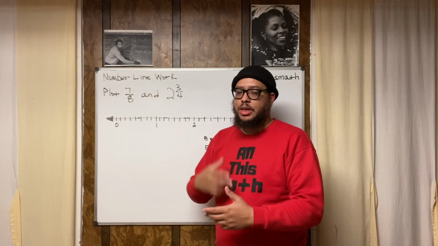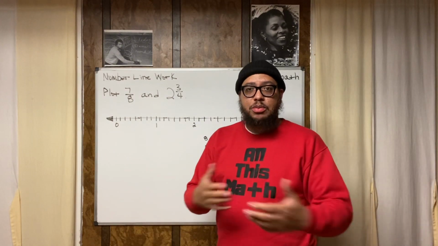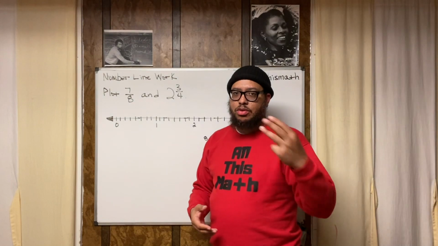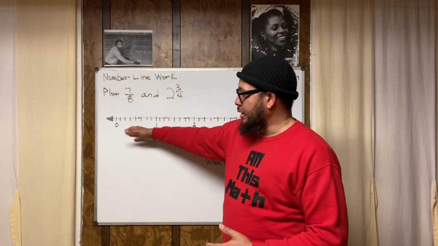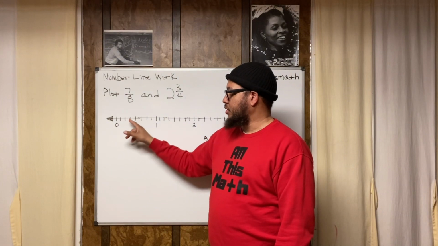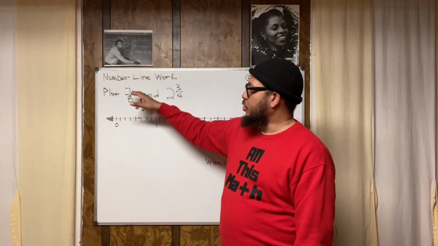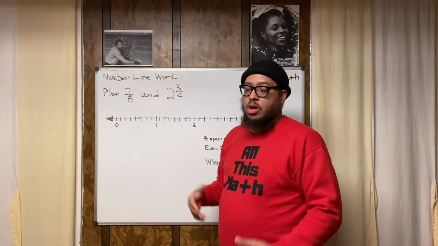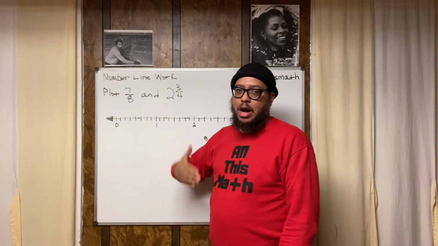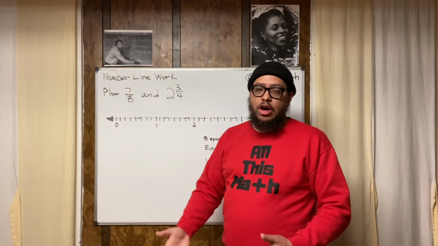So the thing we're dealing with is an eighth, right? Just like if we was dealing with money, talking about dollars, you might have $1, then $2, then $3, then $4. In this case, we're dealing with eighths. We got 1/8, then 2/8, then 3/8, 4/8, and so on. So if you're trying to find 7/8, all you got to do is count from 0. Instead of counting by whole numbers, we're counting by fractions.